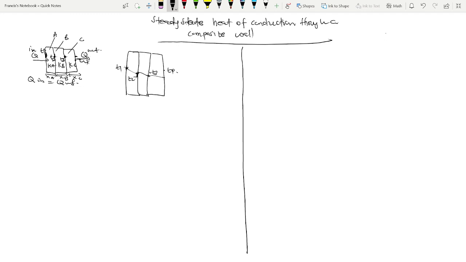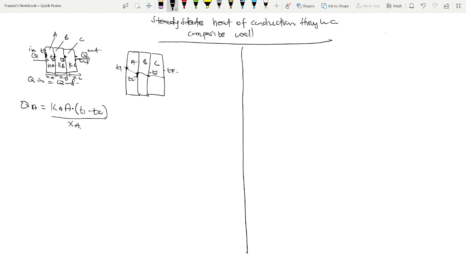We are going to say that our heat Q1, so we are calling Q1 to be the first one, okay, let's say QA because the walls are A, B, and C. So the heat transfer through the wall A will be K of A multiplying our area A, multiplying our change in temperature. So T1 minus T2, because we are seeing T1 is at a higher temperature than T2, all over our thickness XA.